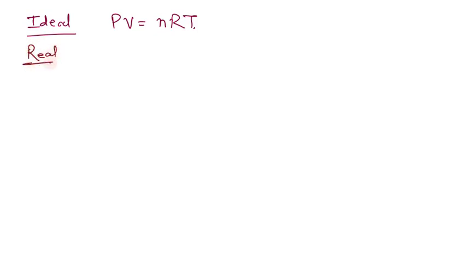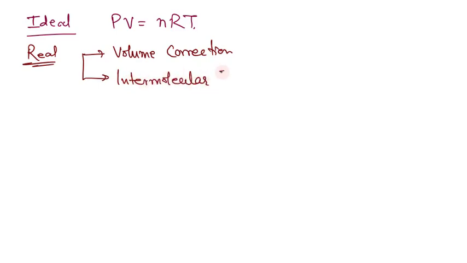There will be two corrections: one is the volume correction, and the other is the intermolecular forces correction. In an ideal gas we considered that there is no volume for that particular molecule of the gas, but in reality there is a volume for any particular gas molecule.